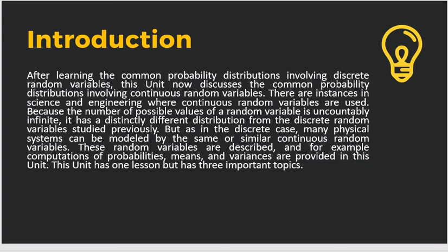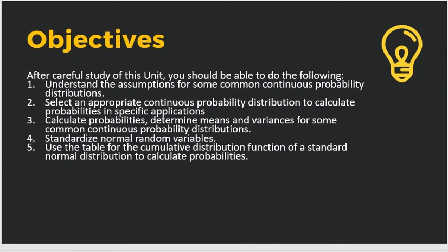This unit has one lesson but has three important topics. For the objectives of our discussion, you should be able to do the following. Number 1, understand the assumptions for some common continuous probability distributions. Number 2, select the appropriate continuous probability distribution to calculate the probabilities in specific calculations or applications.